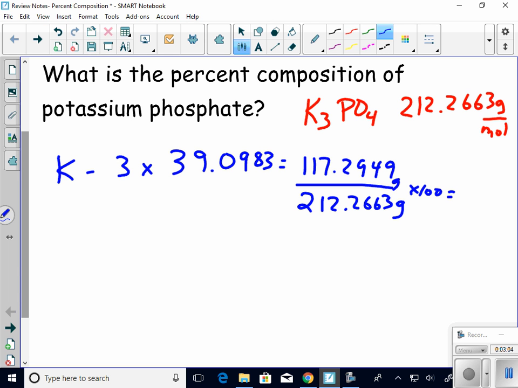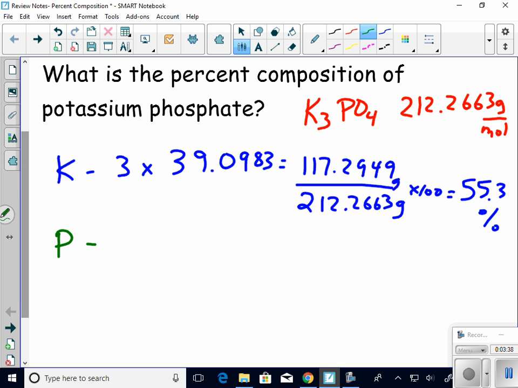And let's say, how far do we take it out? Let's just take it to 3 significant digits. So I'm going to take this 55.3%. I'm going to do the same thing for phosphorus. There's only one phosphorus.